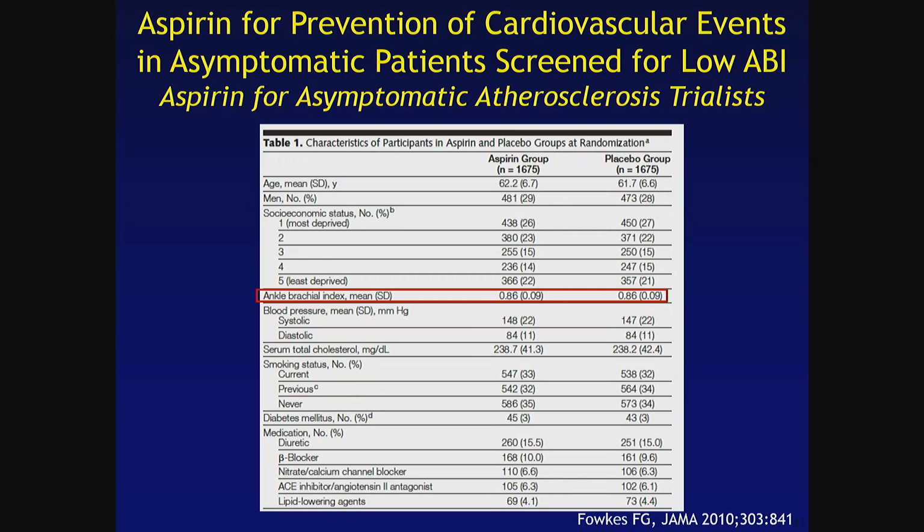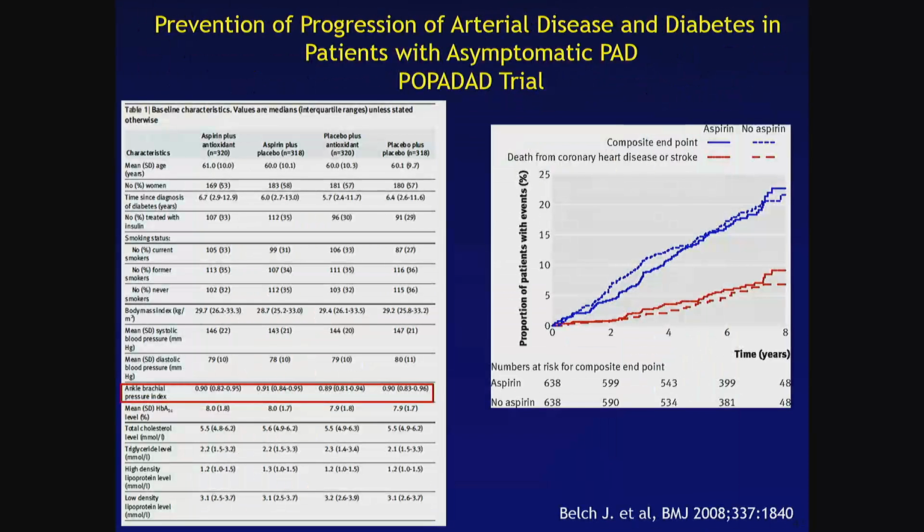And so this was not a group of patients who had a significant lower extremity atherosclerosis, and maybe these numbers and this data cannot be applied to patients with more profound decrement in ABI.